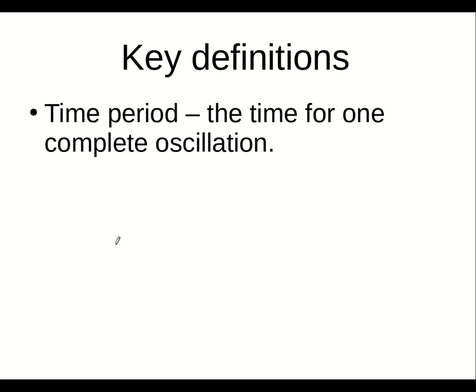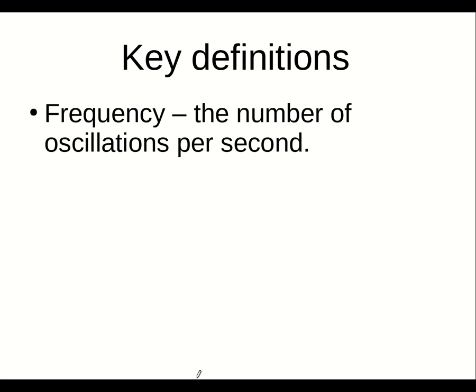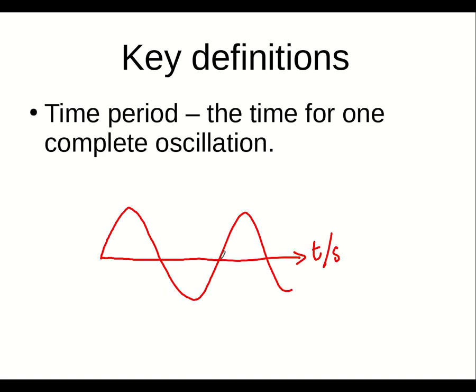Okay, time period. Again, let's draw a wave, and this direction this time represents time in seconds. Minutes, but seconds normally. The time it takes to go from the equilibrium position to the amplitude, back through the equilibrium to the negative amplitude, and back to here is the time period.